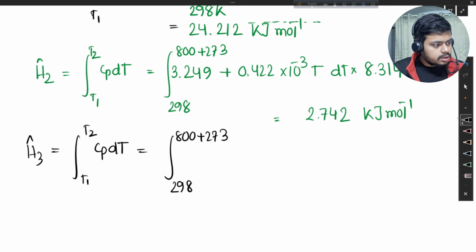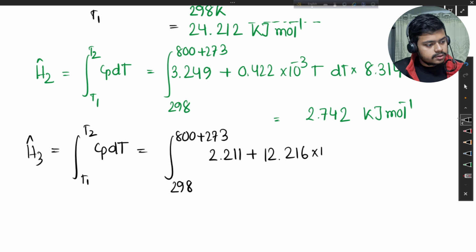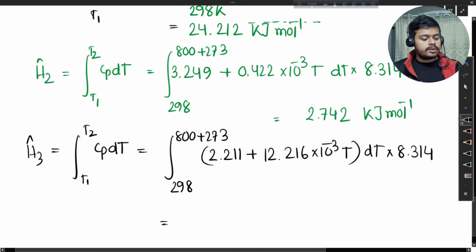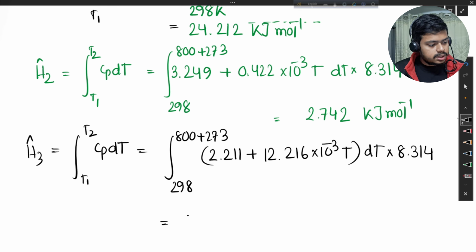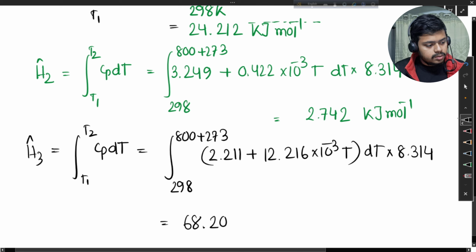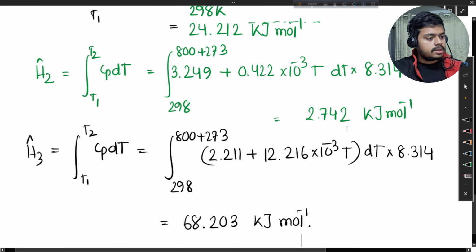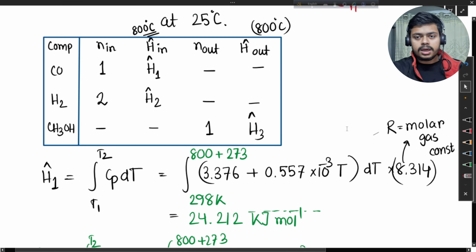So this value is going to be 68.203 kilojoules per mole. Okay, so this is 68.203 kilojoules per mole, and these are H1, H2, and H3.